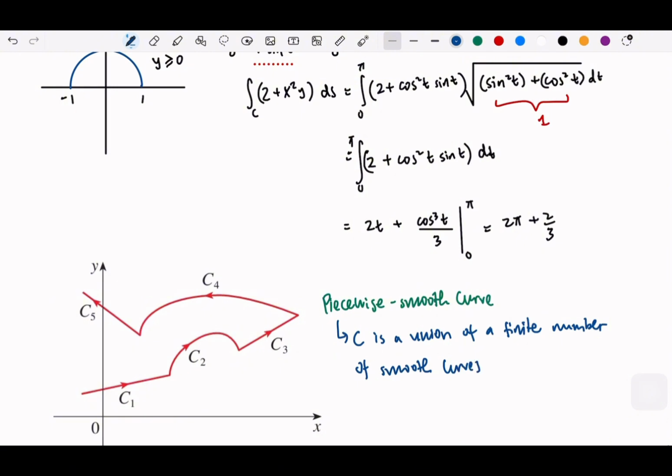You basically can split it into C1 plus C2 plus C3 plus C4 plus C5. So the idea is we find all the points here, then we need to split out the C.